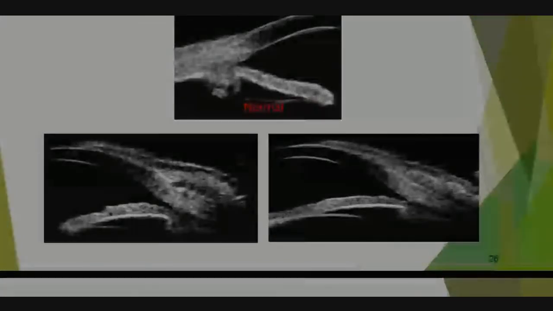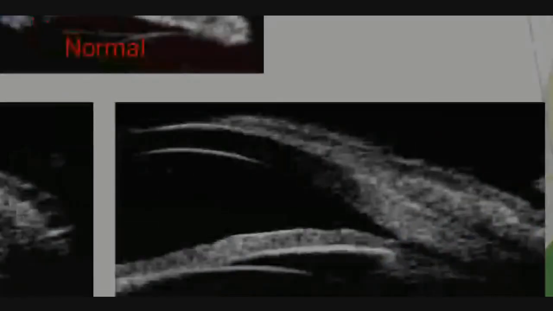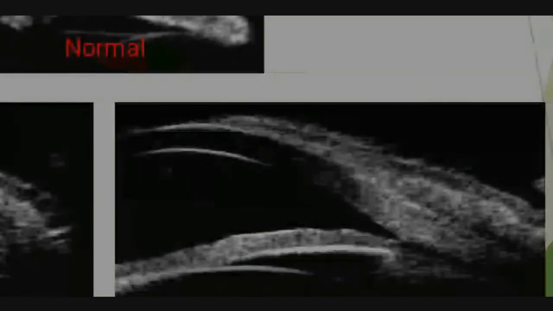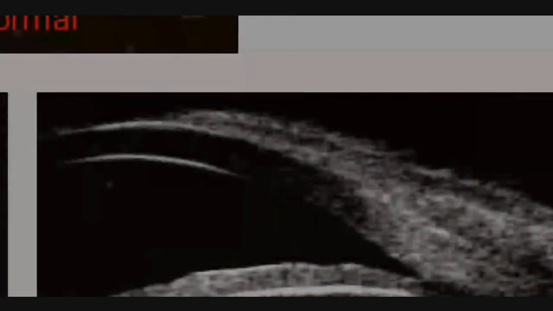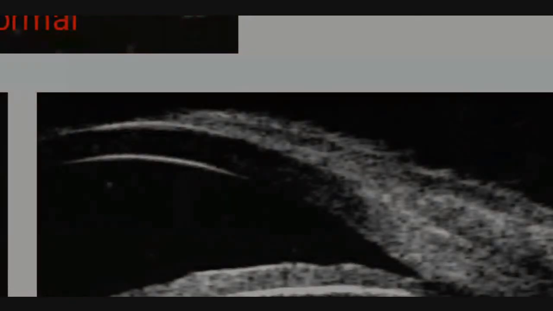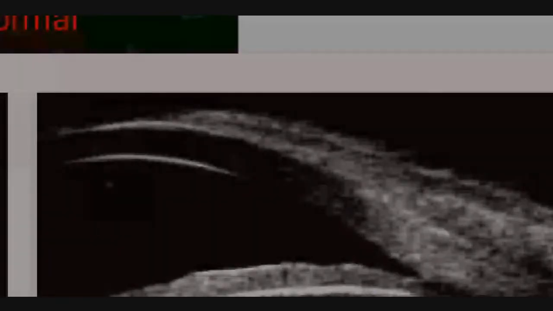Here we can just see whether it is involving the cornea or not. Here it is involving the cornea. You can see the mass lesion involves up to the corneal layer. Sometimes if it is involving the AC also, you can see the same hyperreflective membrane coming up to the posterior cornea.